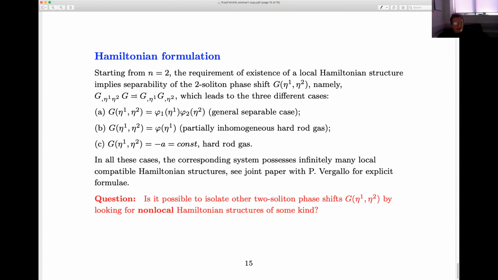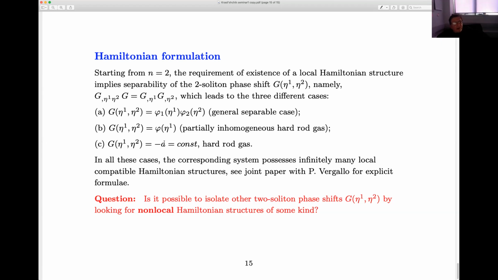It must satisfy this PDE, which means that its generic solution is of this type, phi 1 of eta 1, phi 2 of eta 2. There are also degenerate solutions when g is a function of eta 1 only, or just a constant. Only in these cases is this reduced system Hamiltonian in the local sense.